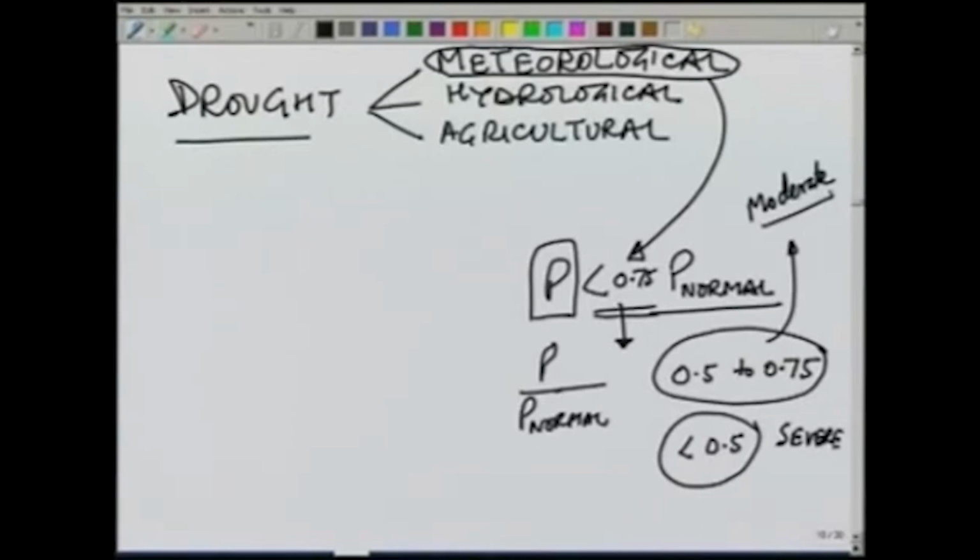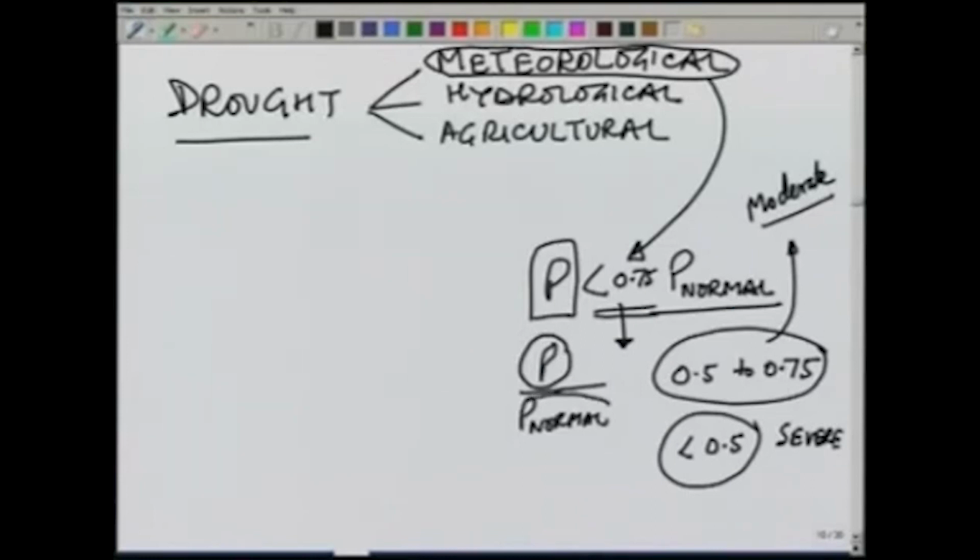So, meteorologically speaking, the drought only depends on the rainfall, and the ratio of the actual rainfall to the normal in that area will define whether the drought is severe or moderate.